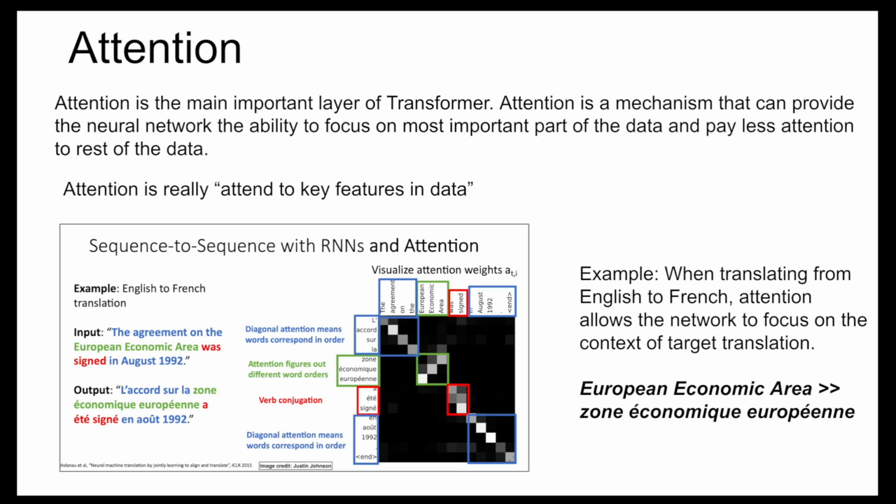This is a really beautiful demonstration of how powerful attention is. It's able to not just capture the order of things, but also to look at the global context of the sentence being translated.